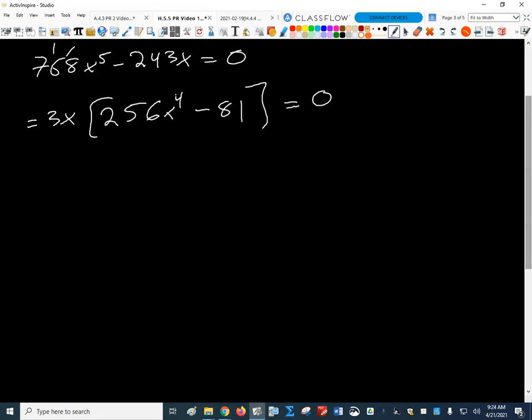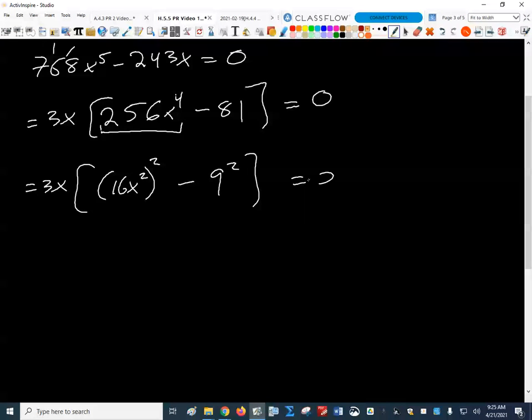What do you get? You get 16 squared. Okay. So we could write this as a difference of squares, couldn't we? Okay. So 256x to the 4th. 256 is just 16 squared. It's a perfect square. So then this is going to equal 3x times the quantity 16x squared, right? Minus 9 squared.